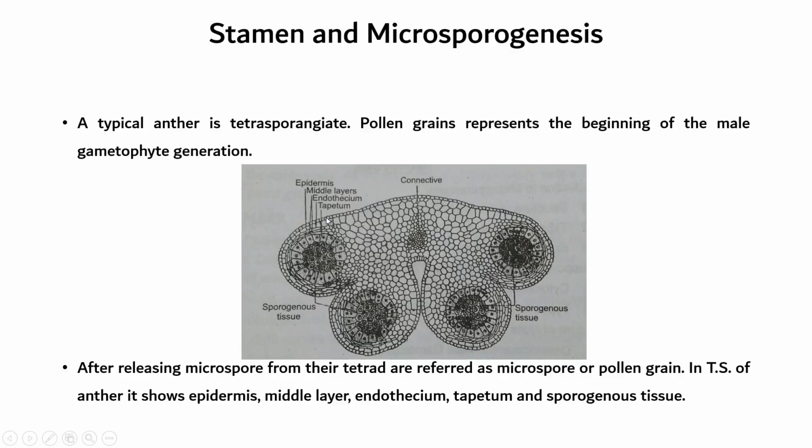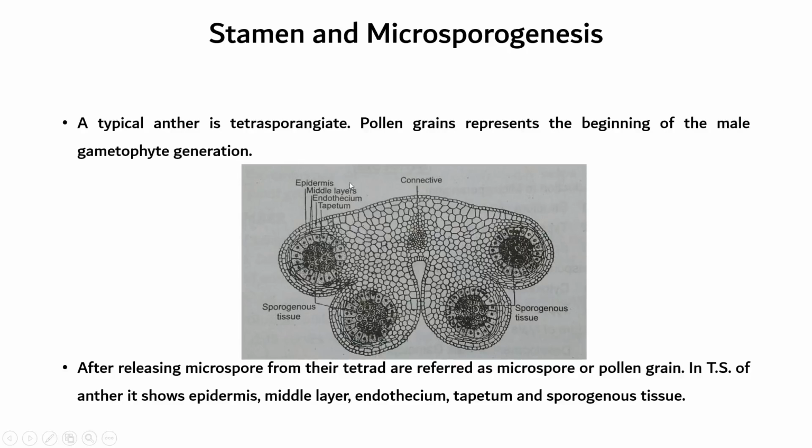Epidermis is a single layer which is composed of stretched or flattened, lignified or cutinized cells. At maturity or dehiscence of the anther, it may either remain or become a stretched layer of cutinized or lignified cells.